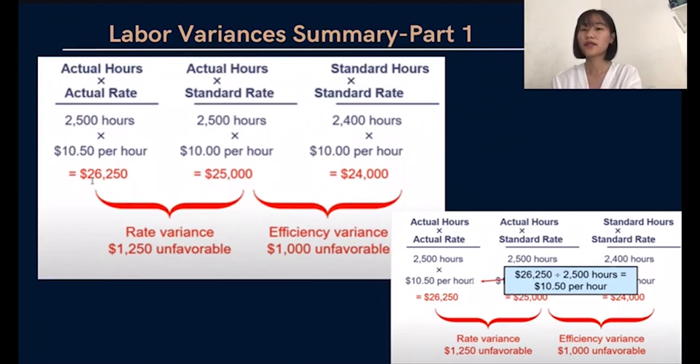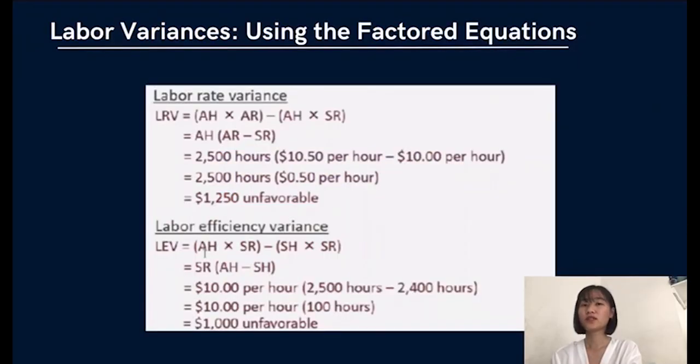Then we can also do this by using an equation: labor price variance equals the actual hours times the actual rate minus the standard rate, and the labor quantity variance equals the rate times the actual hours minus the standard hours. In the above labor price variance, 2,500 was the actual hours, and the difference between the two labor rates is $0.50.